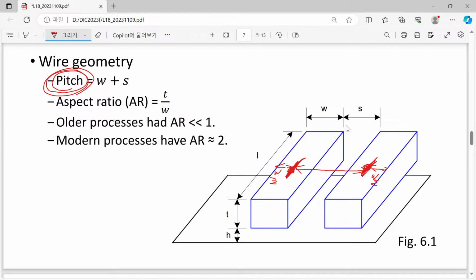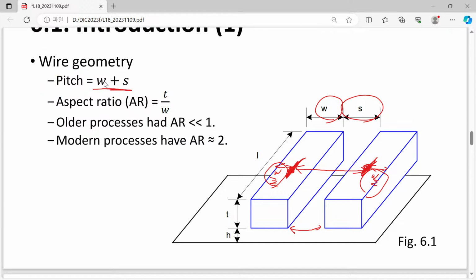So you can easily understand the distance between these two wires is given by the spacing between them plus half of the width on each side, so the full width. That will be the value of the pitch between two wires.